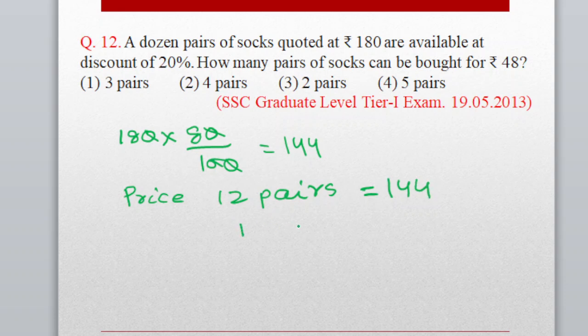So the price of one pair is equal to 144 divided by 12. So that is equal to 12.